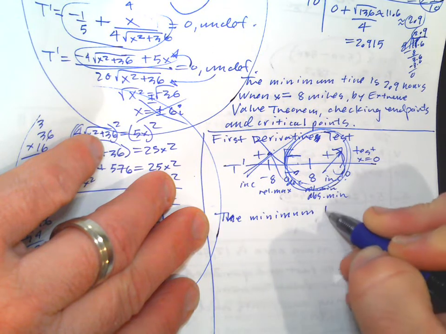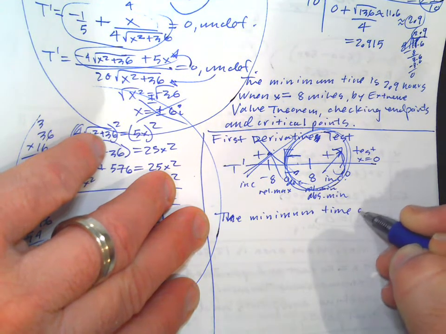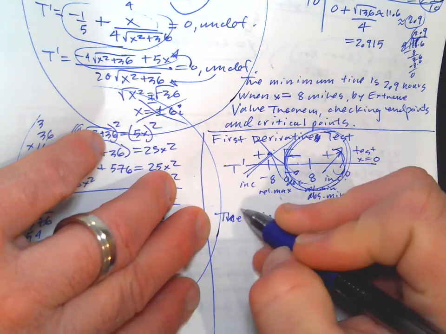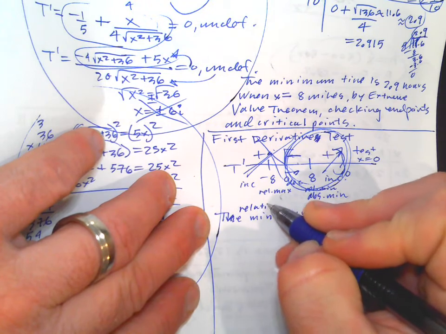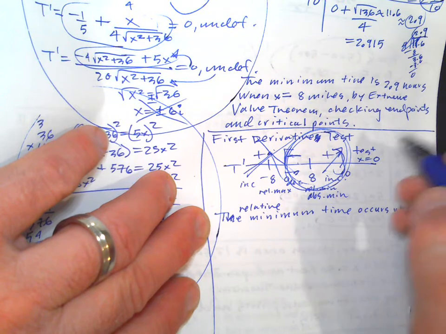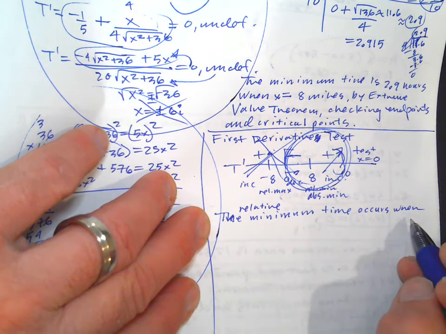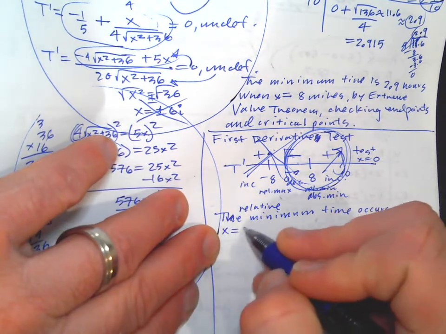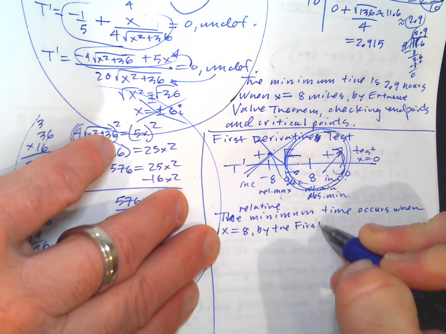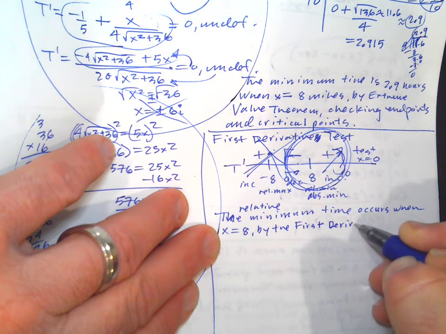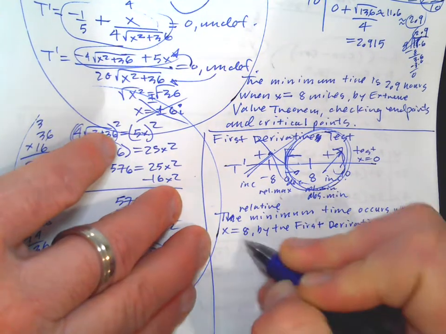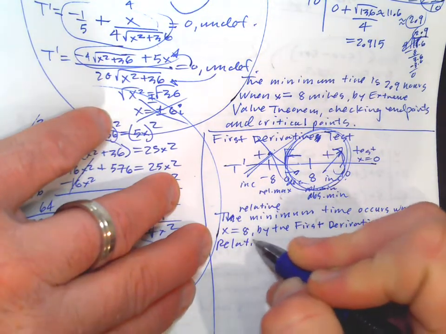The minimum time occurs when, or we could say the relative, well, that's what we have to prove first. We have to prove the relative min first because we're using the first derivative test for relative extrema. The relative minimum time occurs when x equals 8 by the first derivative test for relative extrema. Then you have to explain how that test works.